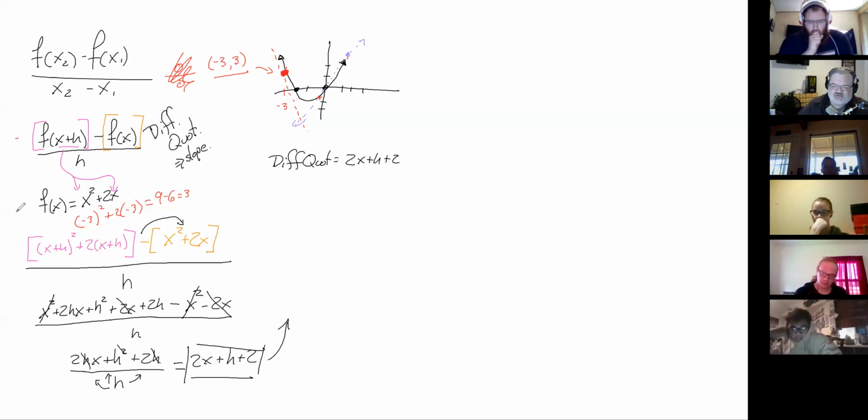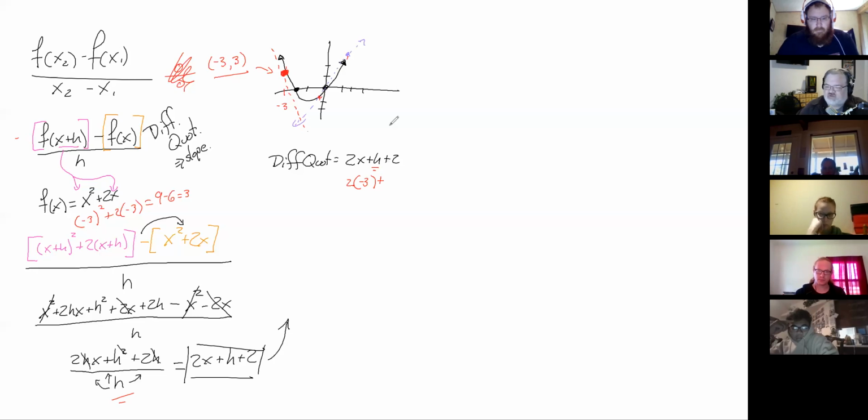But notice in this difference quotient, we kind of got rid of that h in the denominator. So if we wanted to find the slope of this line tangent to the curve with the single point, let our x value be negative 3. If we only have one point, what's this h value? Zero.